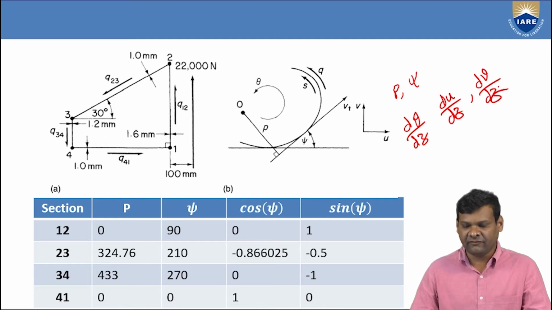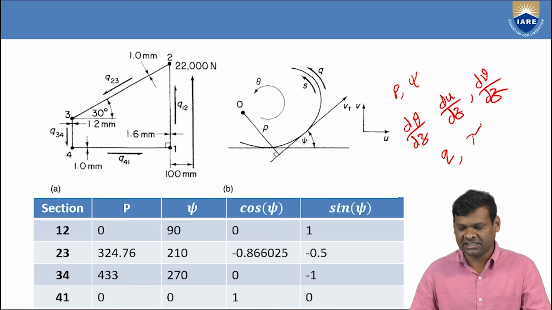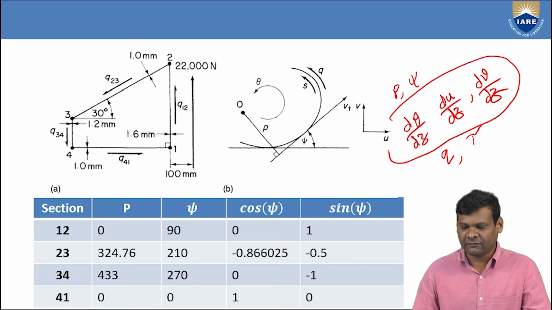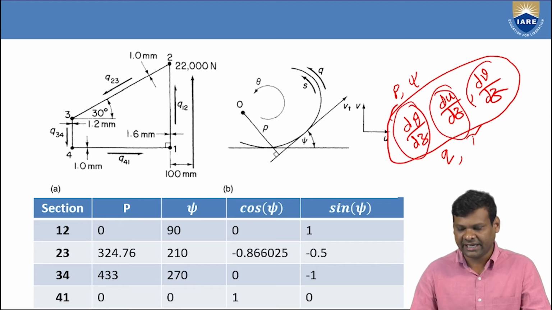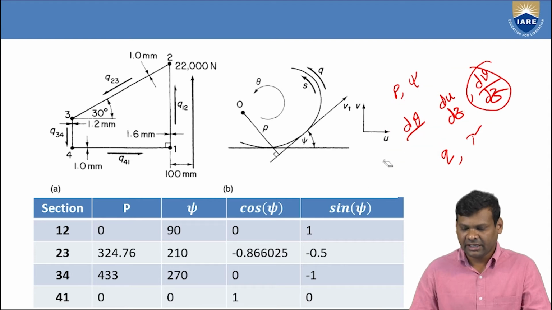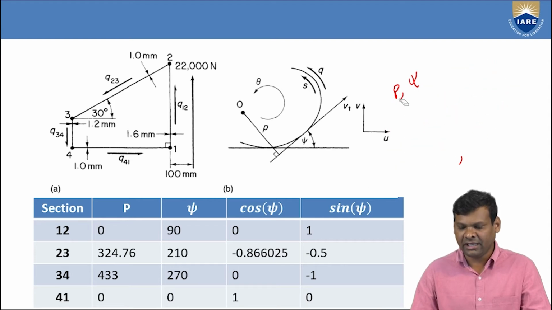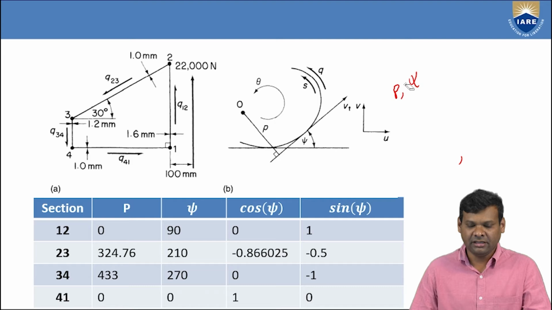If we know these three variables, we can calculate q and the shear stress tau. But our main aim is to find out these three variables. Moreover, p and phi are geometry dependent, so let us look into the geometry and deduce what these are.